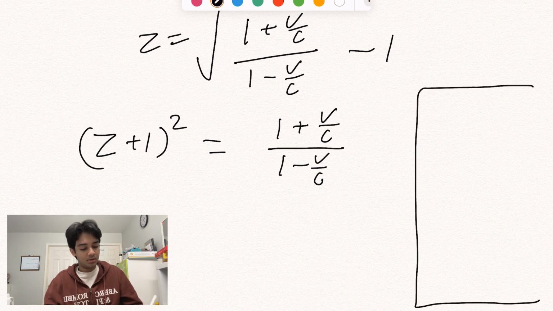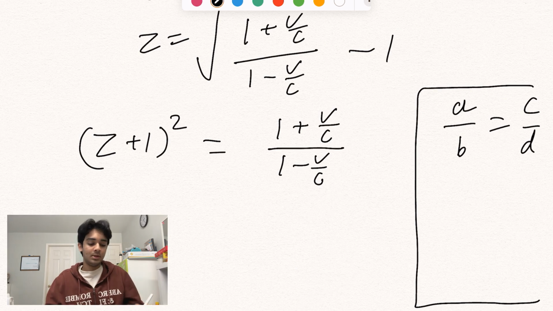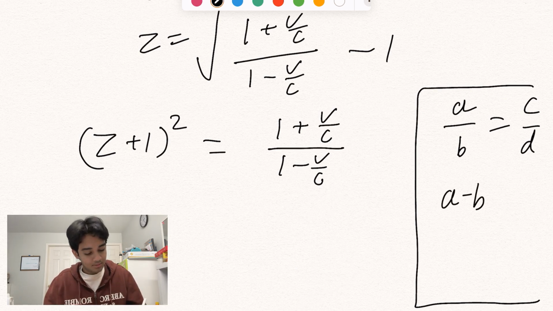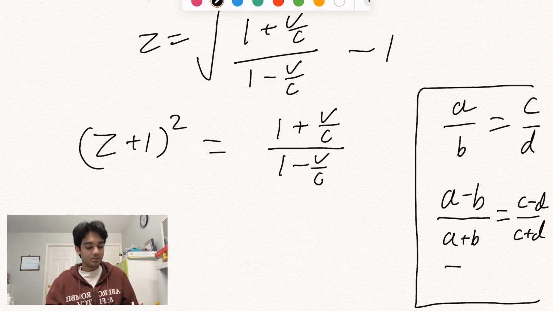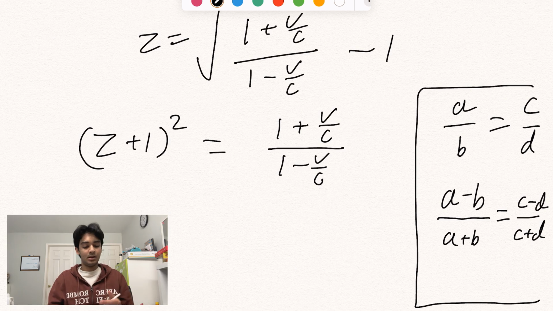There's a property that goes like this. If I have a over b equals c over d, I can write another true statement, which is (a minus b) over (a plus b) equals (c minus d) over (c plus d). This is also true if I know this. So we can use the same identity on our equation here.